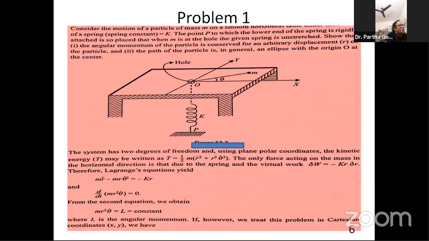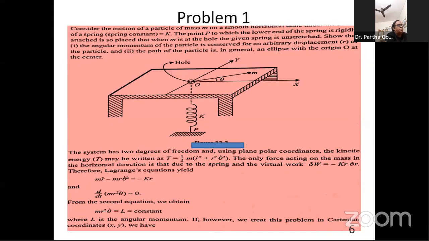Say delta r or dr, then the magnitude of the force will be spring factor multiplied by dr, and virtual work will be, as I have written down, k dr multiplied by r displacement. And so you have the kinetic energy, you have the work.